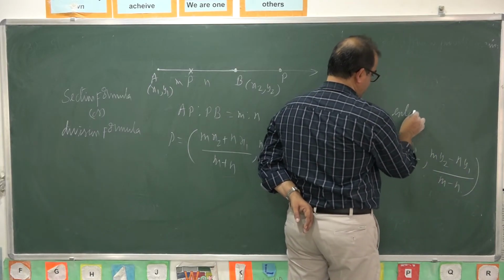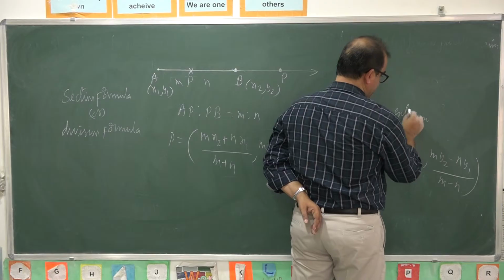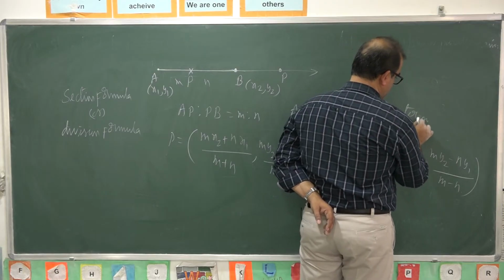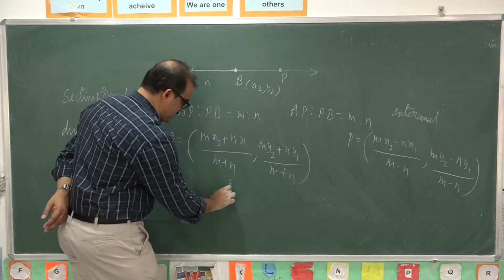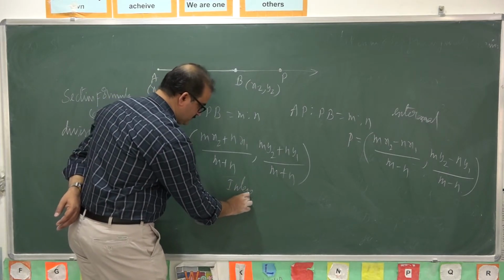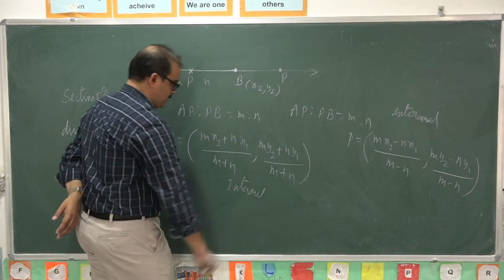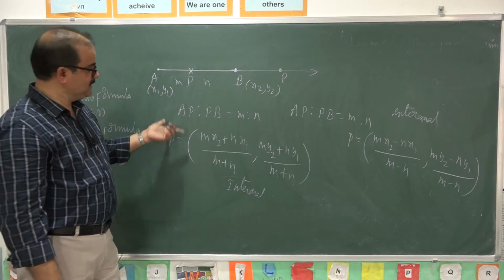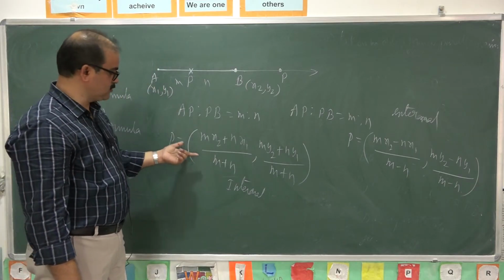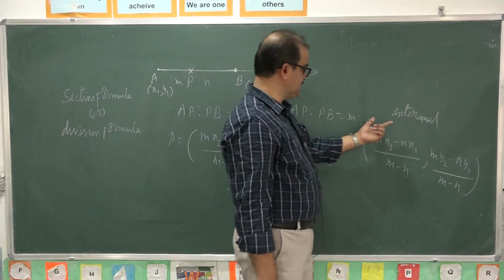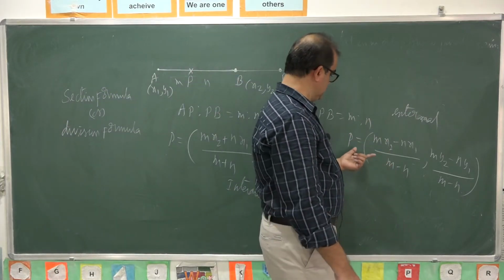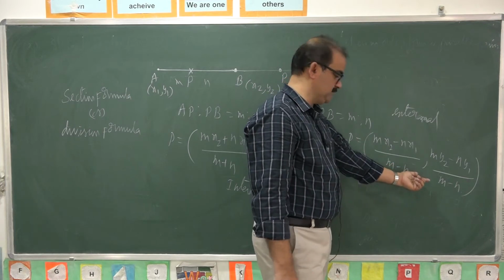This is for external division, and this is for internal division. If P divides AB internally, then coordinates of P are these. If P divides AB externally, then the coordinates of P are these.